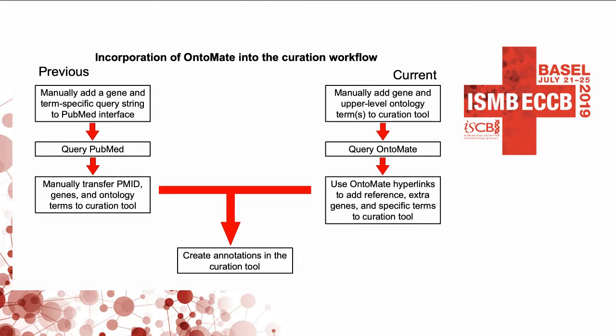By contrast, the current workflow curation is that curators will manually add gene and upper-level ontology terms to the curation tool, query OntoMate, and then use OntoMate hyperlinks to add the references, extra genes that they might be able to curate from what they're getting, and specific terms to the ontology tool.